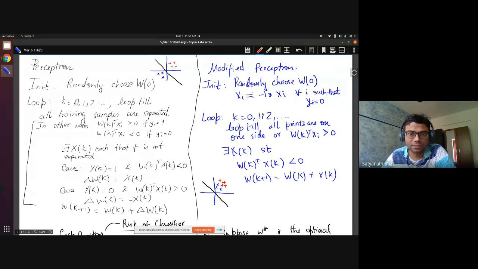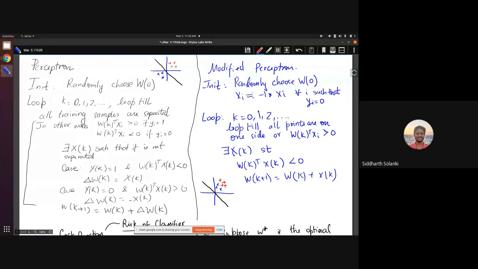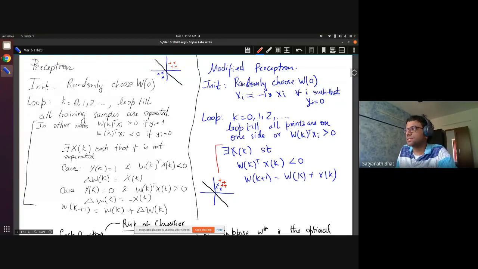Does that make sense, Siddharth? No, sir. Okay, so this is the loop that was here till all of them are correctly placed. Modified perceptron is clear to you, right? Yes, sir. So in the batch version, I will create a set SK, which is equal to the set of all the training points such that Xi transpose W is less than 0.